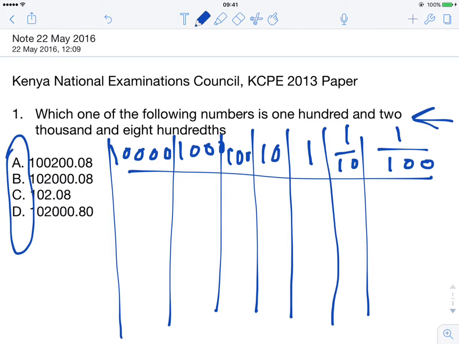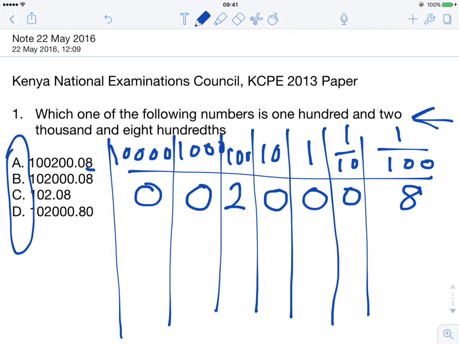So A is going from right to left. It is 8 hundredths, 0 tenths, 0 ones, 0 tens, 2 hundreds, because you see 200 in it, 0 thousands, 0 10,000s, and then we have 100,000 in it.